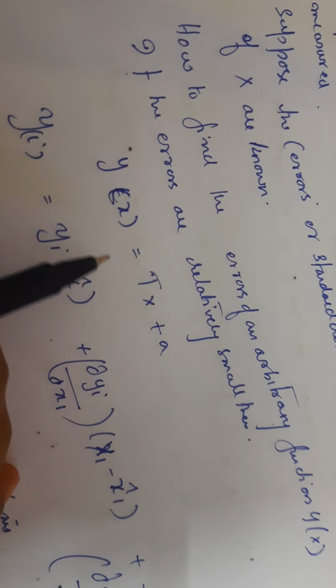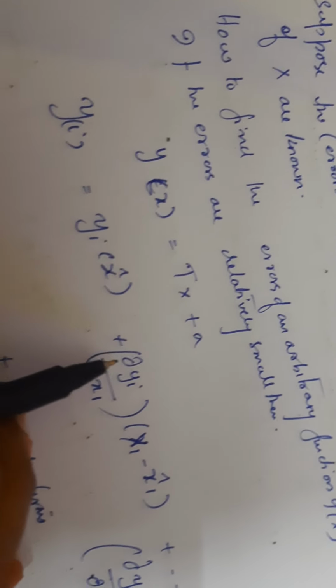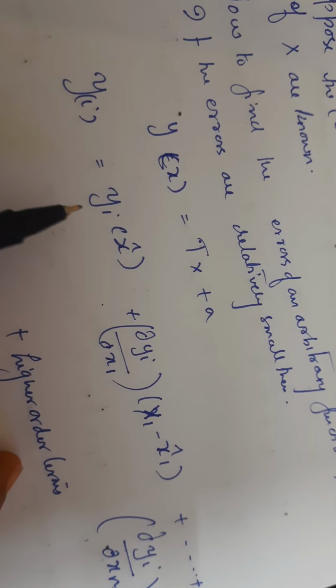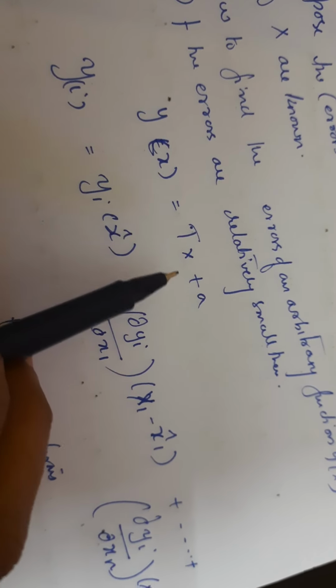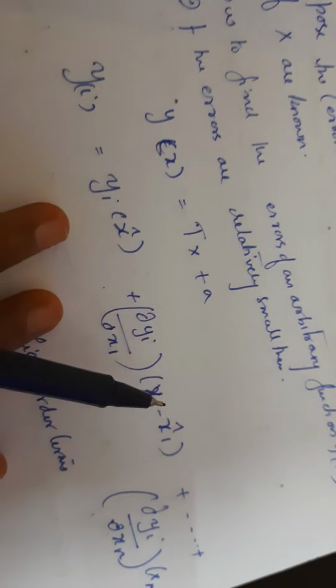Okay, so y of x is equal to Tx plus a, which we defined already. Now using Taylor series we can write, because this is not just one variable, we are representing the whole set of n linear functions of n different random variables.